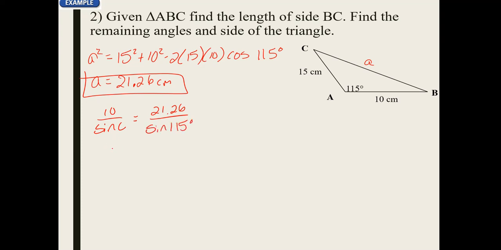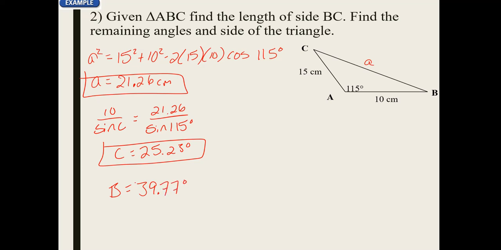When you do that math, I'm not going to show all those steps, you're going to get 25.23 degrees. And then to find the other missing angle, you can just subtract from 180 degrees, and that's going to end up being 39.77 degrees.